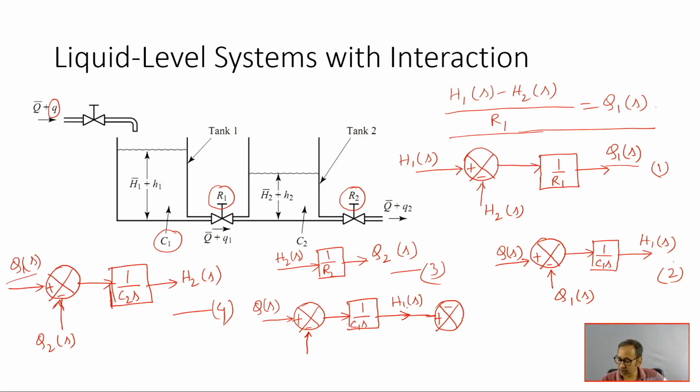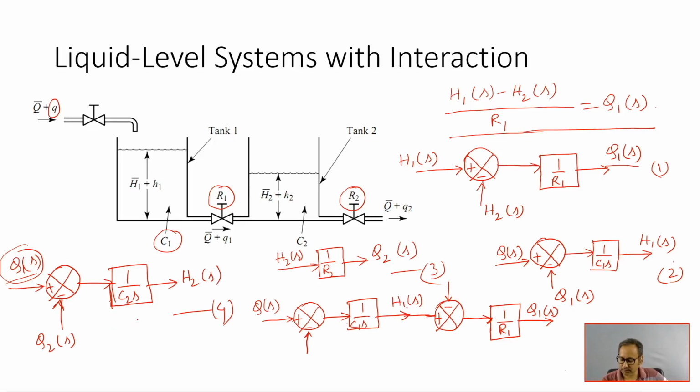Actually there is no specific reason, you can put the minus sign anywhere, but to make it look good, you have to put it here. So, H1 is the output, H2 is the input here, that is coming to the negative terminal. Then this is multiplied with 1 by R1. Then it is becoming Q1S.